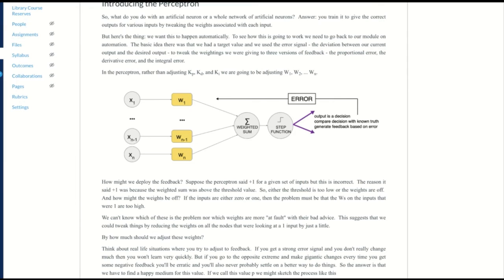And the weights are going to get adjusted so that it reinforces the fact that it was making a right decision. Now, on the other hand, if the output is incorrect, then we're going to slap the hand of the neural network, and we're going to say, I'm sorry, neural network, you didn't get that one right. And the feedback is going to go through, and then we're going to do something to the weights that will adjust them so that it's more likely you'll get it right next time.